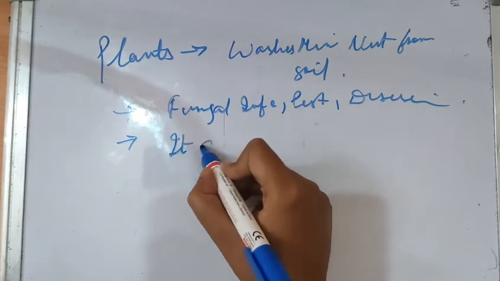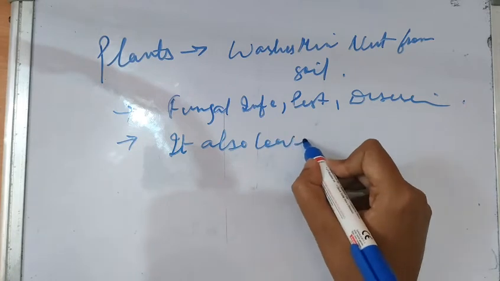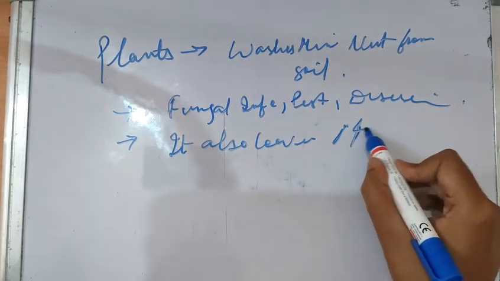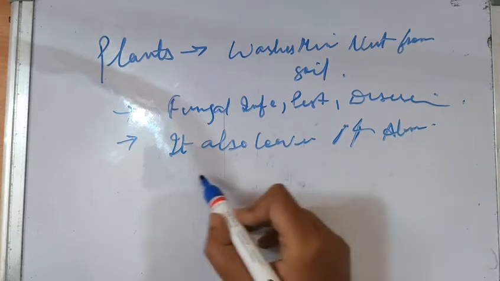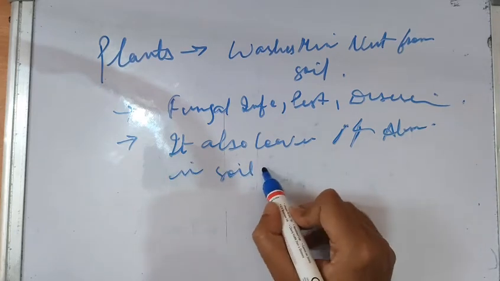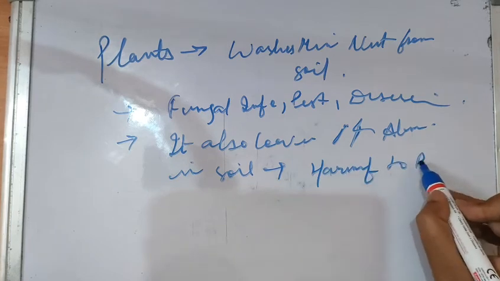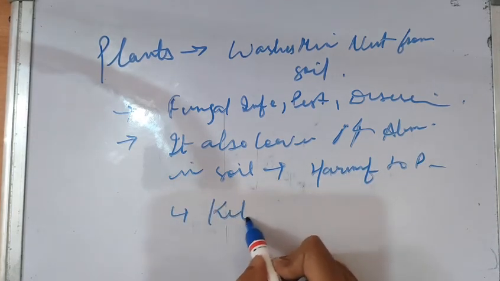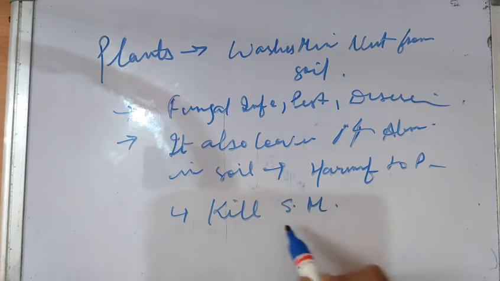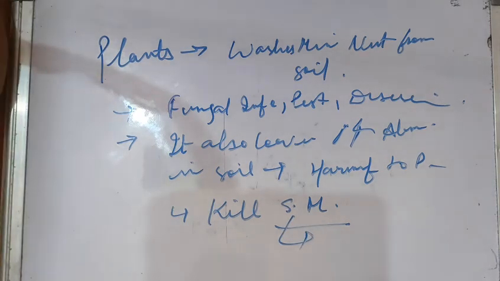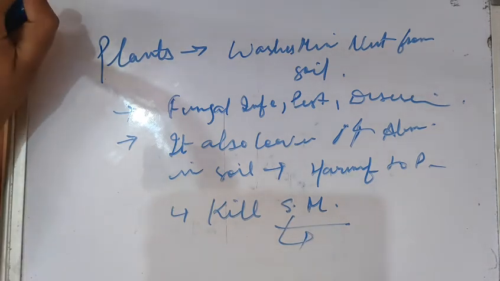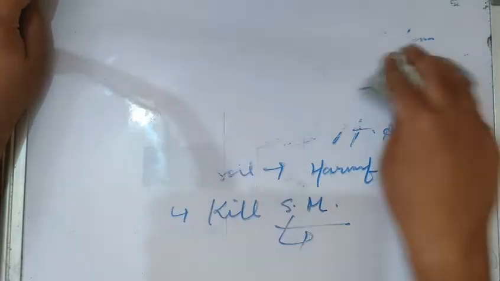It also leaves a large content of aluminium in soil, which is also harmful to plants. It kills soil microorganisms, which are very important for crop growth or agriculture, fixation of nitrogen, etc. So this is how water pollution is harmful to us, animals and plants.